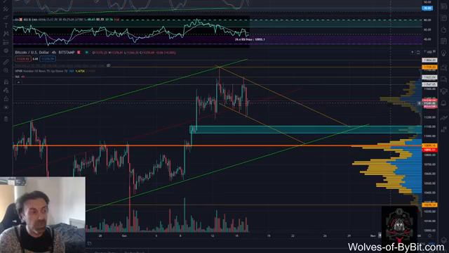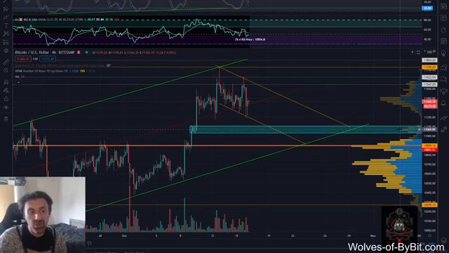So same levels as yesterday, nothing has changed. On the downside, we still have our point of control sitting here at 10,900. We have a little node here smack in the middle of the blue box, which could also form a little bit of support.